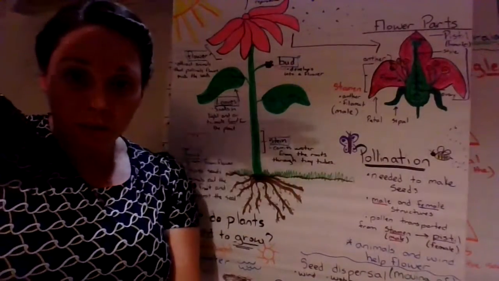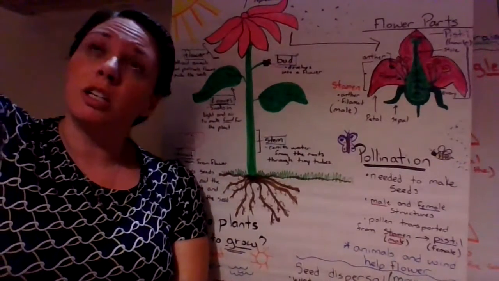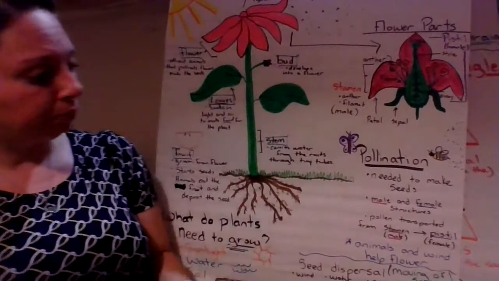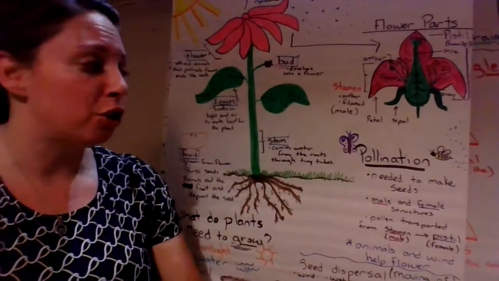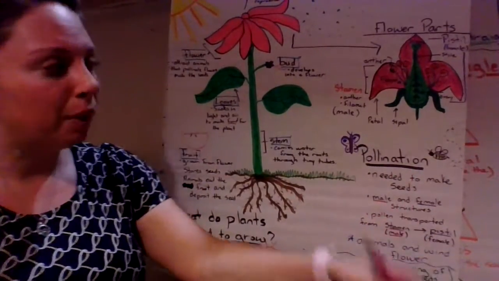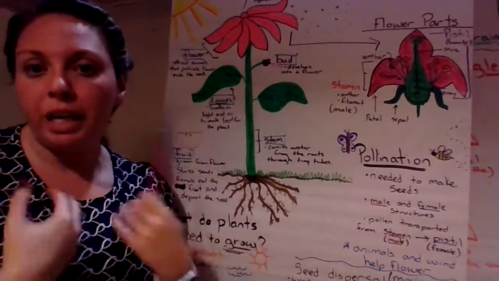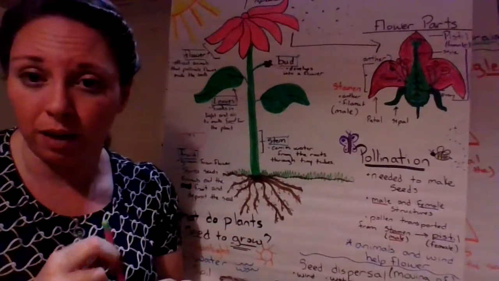Gravity is the force that brings you down. So if the flower is up in a higher location, gravity will cause it to drop, and it could drop onto other flowers. One of the main ways that pollen is distributed, and what we refer to again as pollination, is by animals. Flowers are not just the way they look because we humans like it. Yes, we like flowers, but they're not here because of us.